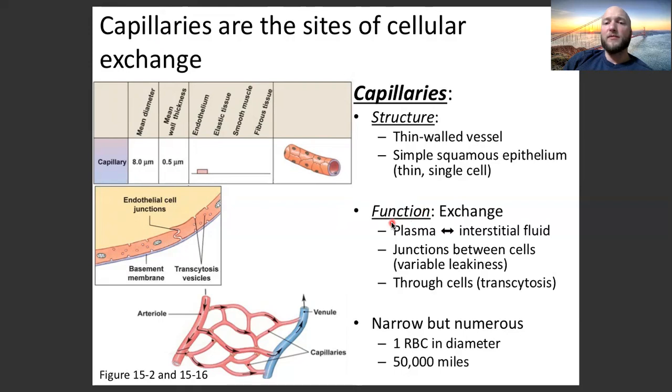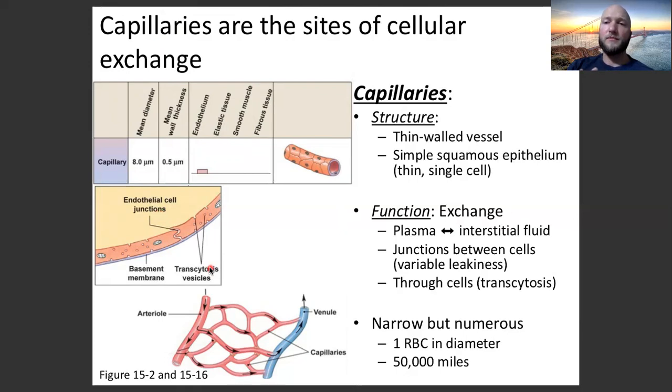It allows fluid to move from the plasma, the blood plasma, to the interstitial fluid, and stuff to move from the interstitial fluid into plasma. The junctions between cells allow for variable leakiness. So it's those spaces between the cells that allow for stuff to kind of ooze in and ooze out.